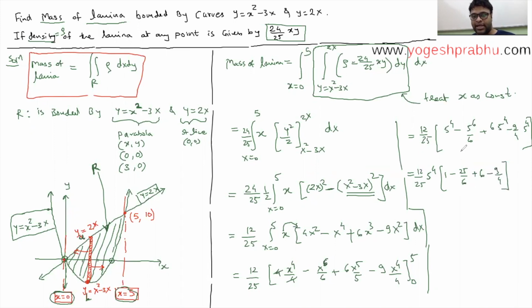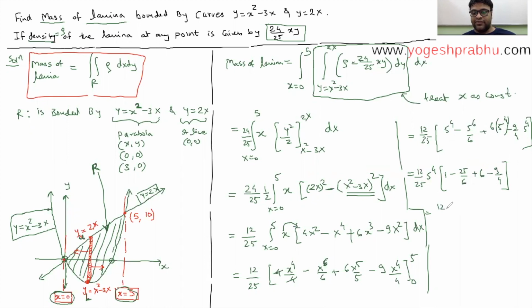I hope I'm doing it all correct. So I took that 5 raised to 4 out. This is 20, I took 4 out, it is 25 by 6, that is correct. So then this is 6, 5 raised to 4. The 6 remains, 5 raised to 4 is outside, minus 9 by 4, 5 raised to 4 is outside. All good. So once we get that, the answer is going to be 5 raised to 4, the 25 is 5 square, right?